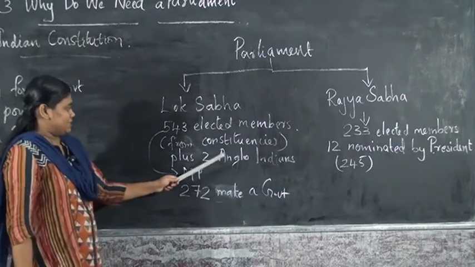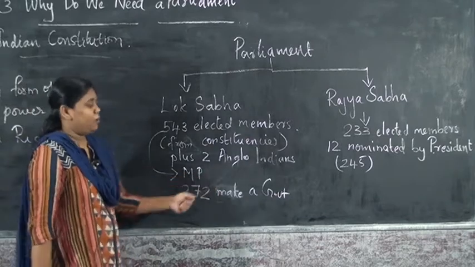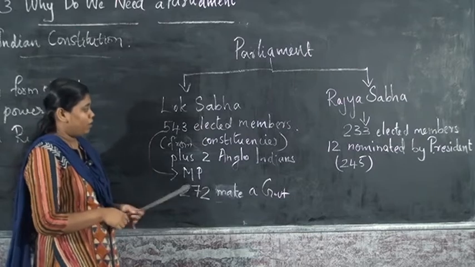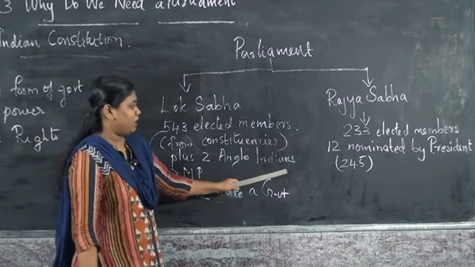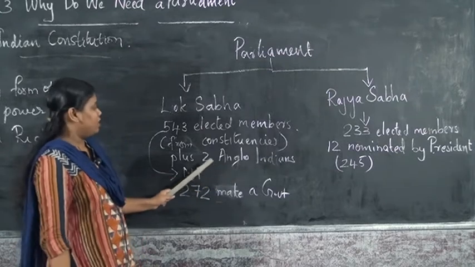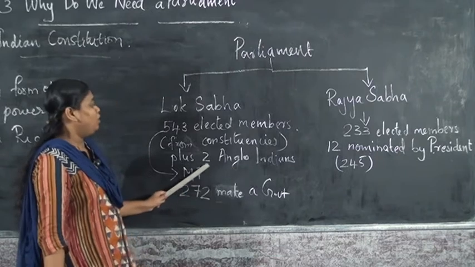Plus 2 Anglo-Indians are there. Who are the Anglo-Indians? They are a religious group, a group of people living in India. So we are giving representation to the Anglo-Indians, and there are 2 of them.